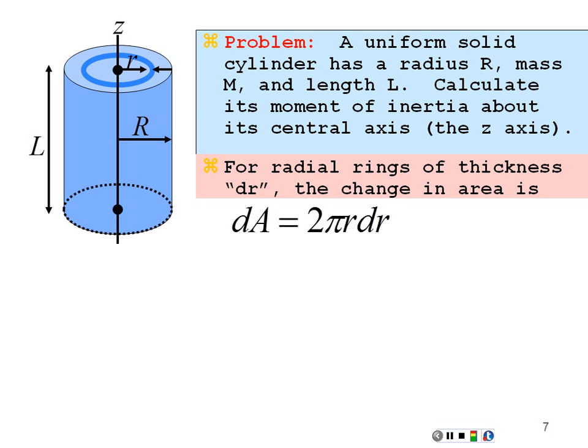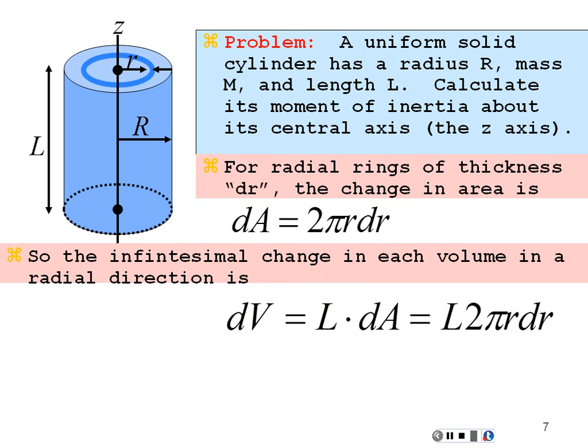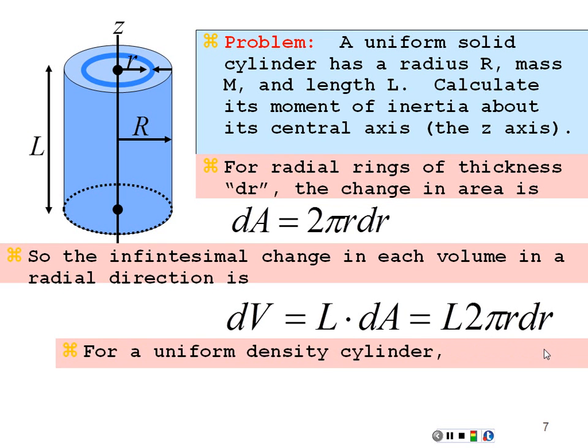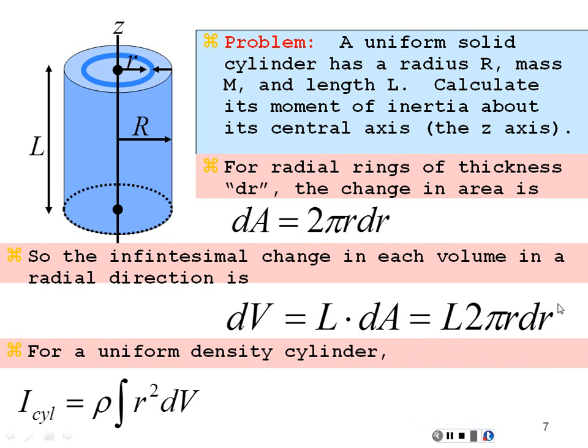And if I give it a length, then that will give me the volume change of that little hollow cylinder represented by that ring. So I'm going to multiply by L, and that will be my change in volume. L times dA will be L 2 pi r dr. Now we're going to integrate this using the formula that we just had for the moment of inertia. So the moment of inertia of this cylinder will be the density times the integral of r squared dV, but we'll substitute this in for dV.